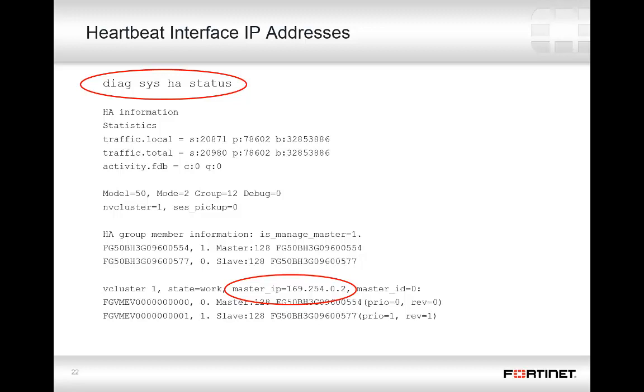Why is this significant? The IP indicates this FortiGate was not originally the primary, which would have had an IP of 169.254.0.1. A failover has occurred. To discover the cause, you would study the logs and history.